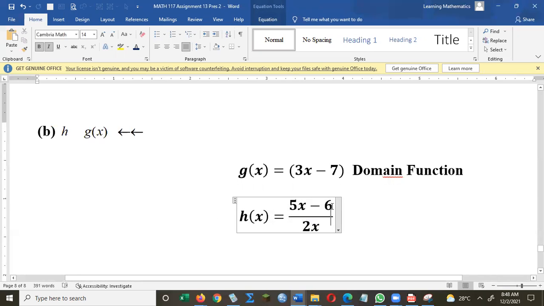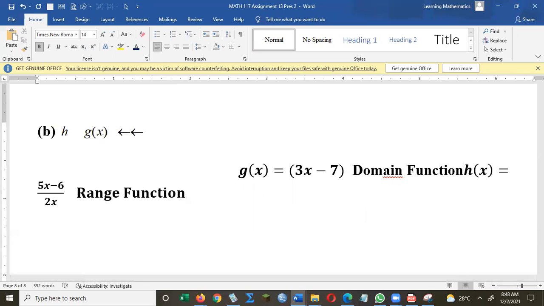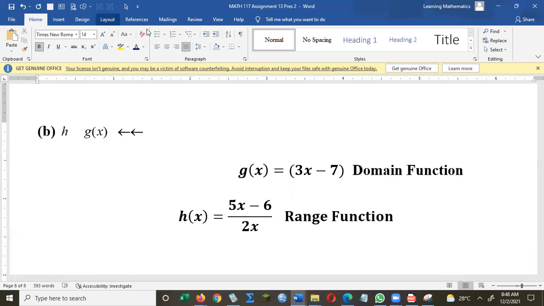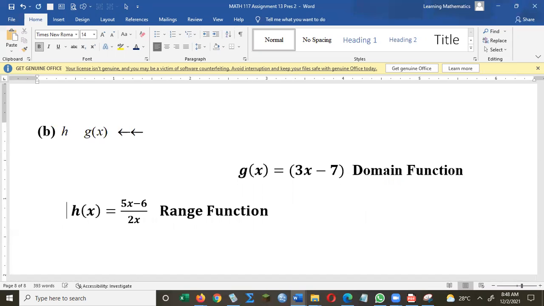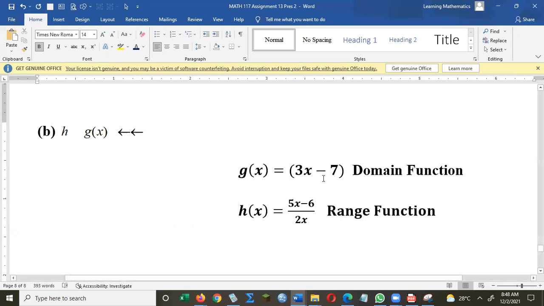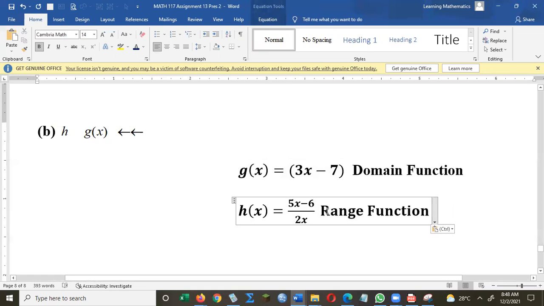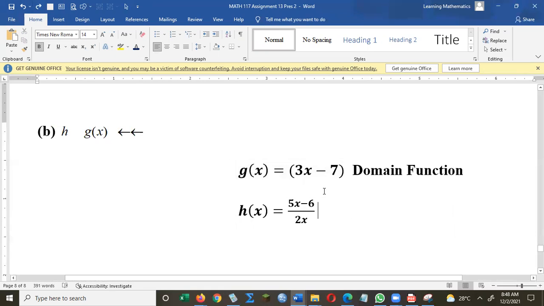But there's something I didn't do for my range function. Can anybody identify what I didn't do for the range function? I'm missing brackets. So tell me what modification I have to do.